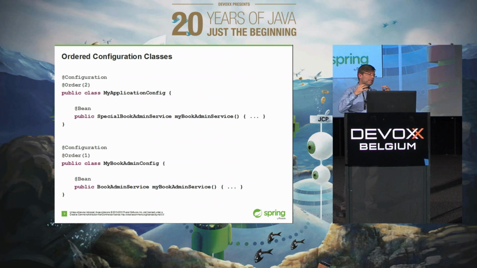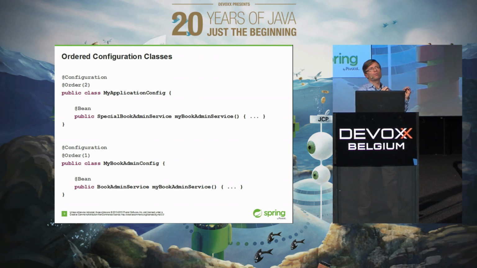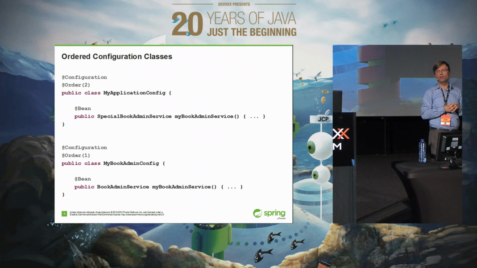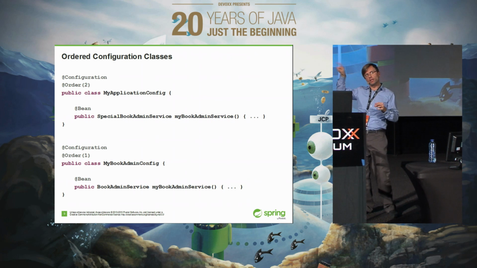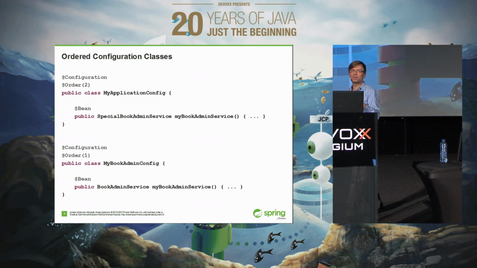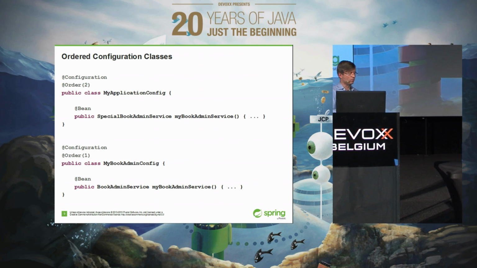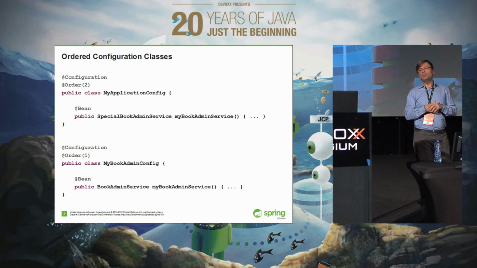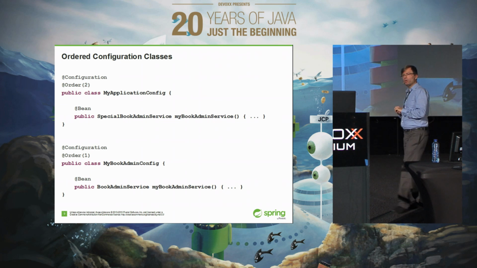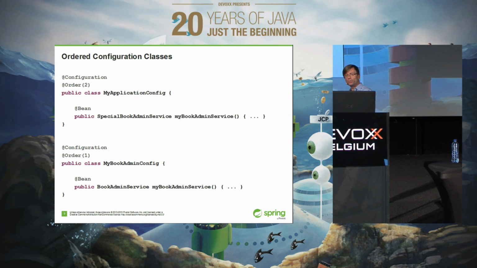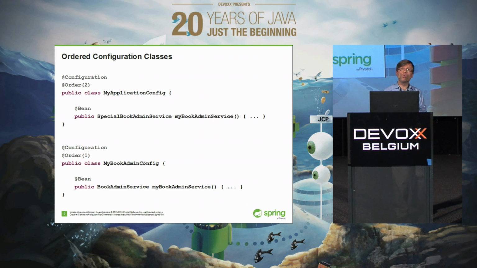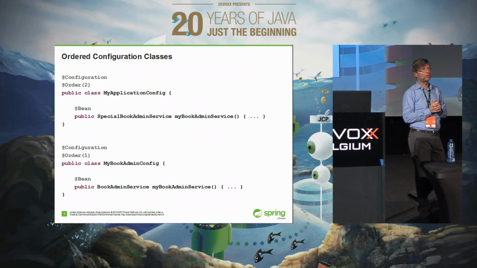What if you actually rely on ordering in some specific arrangements? What if some configuration class absolutely needs to be executed, and it needs to be instantiated before that other configuration class? Because you're setting up some static state, you're initializing some resource underneath that needs to happen first. You could use standard Spring means, you could, to some degree, even use injection relationships or depends on relationships, but you could also simply order your configuration classes through @Order annotations.